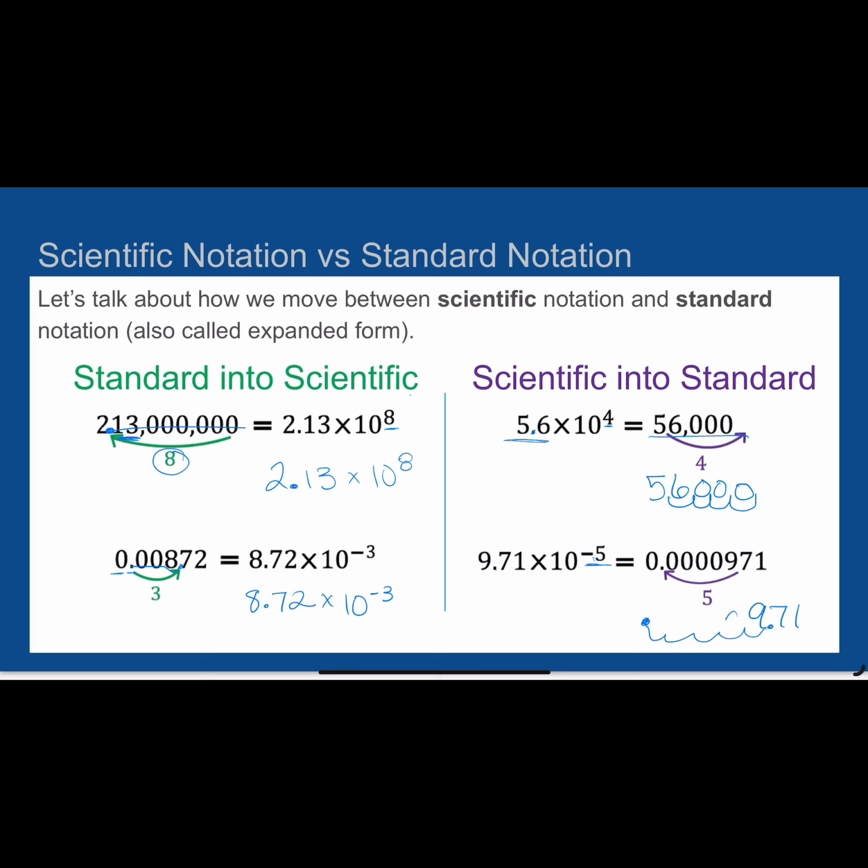And we're going to put in 1, 2, 3, 4 zeros to fill in the space. So it's all a matter of putting the number down, figuring out if you're creating a big number with a positive exponent or a small number with a negative exponent, and using that number to be your spaces.